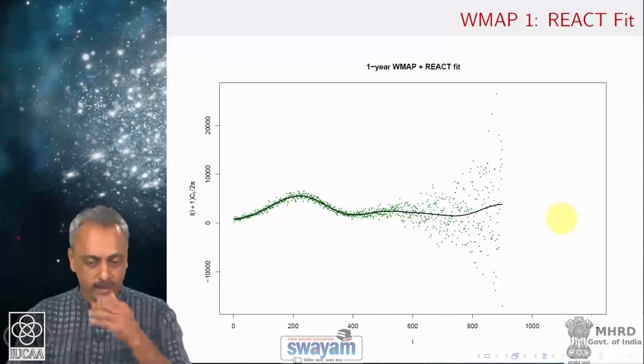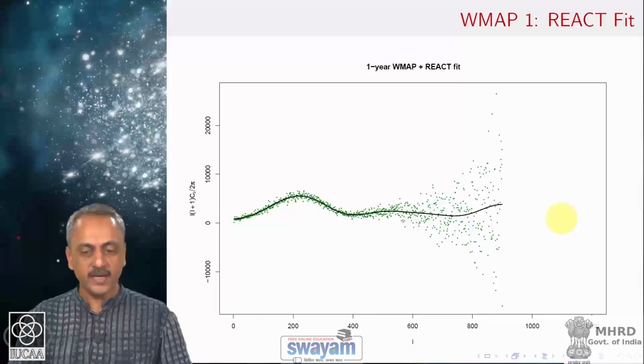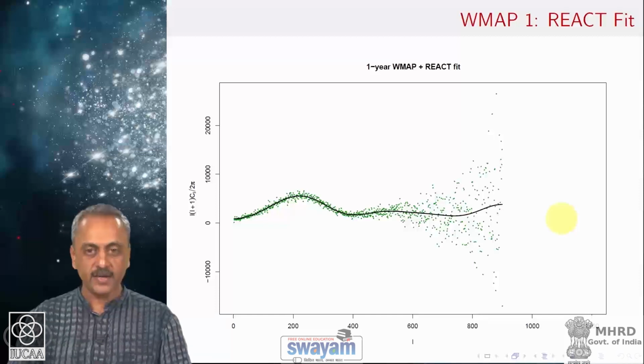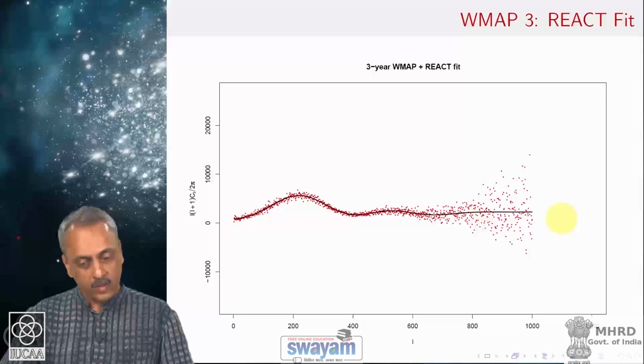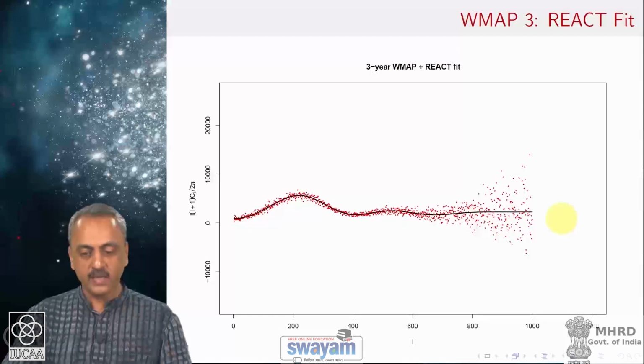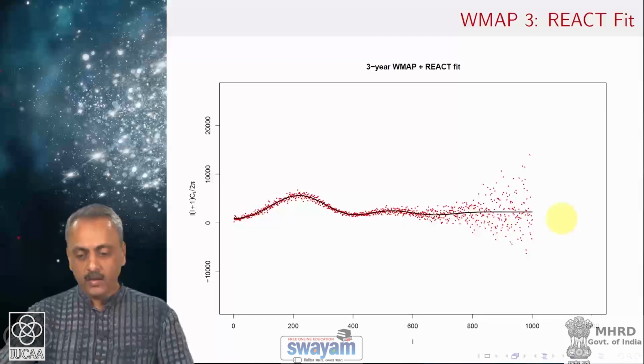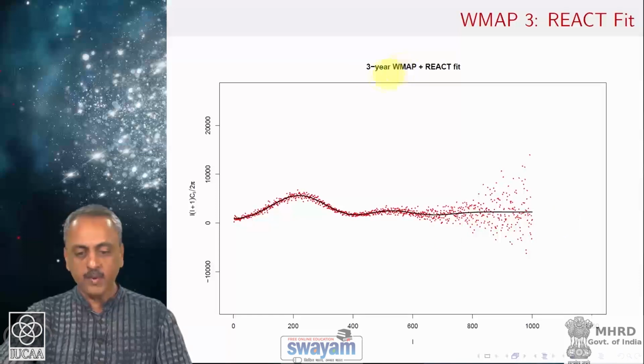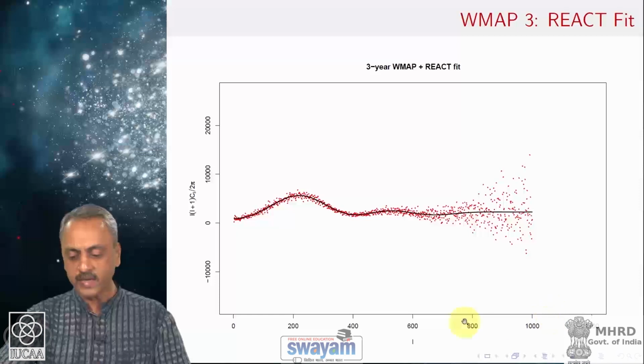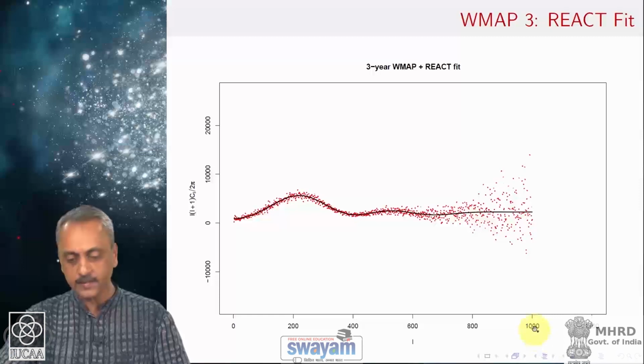This is the WMAP first year data together with its best fit. Okay, we'll come to uncertainties later on. When you go from first year WMAP data to third year WMAP data, first of all the uncertainties are reduced, and secondly the range of the multipole indices, the range of the angular scales, is increased.